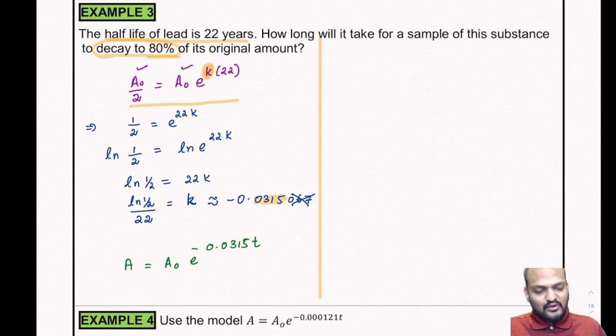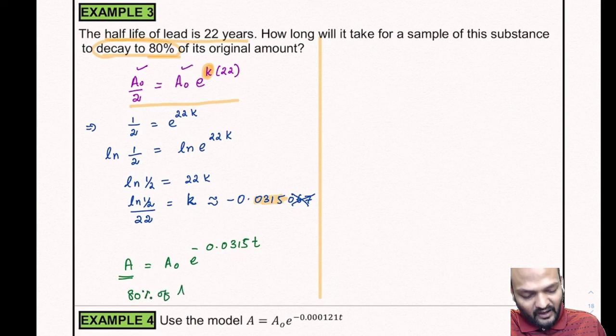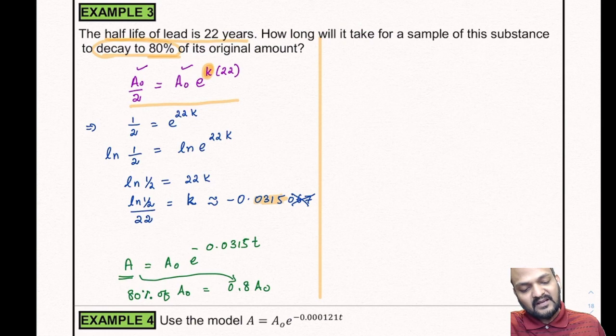We're going to use that to figure out the next problem. The sample has 80% of the original. The amount that we have is 80% of the initial amount, 80% of A sub 0, which is the same as saying 0.8 times A sub 0.